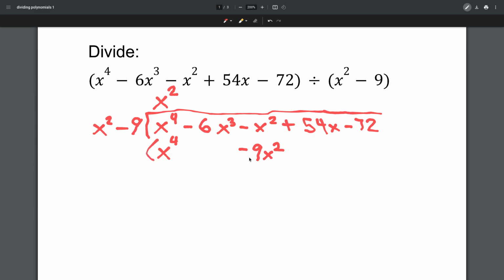Now we're going to subtract this off like we do in regular long division. So x to the fourth minus x to the fourth is just 0. We're going to bring this down. So bring down the minus 6x cubed. And then negative x squared minus a negative 9x squared is like negative x squared plus a positive 9x squared. So we actually get a plus 8x squared here.